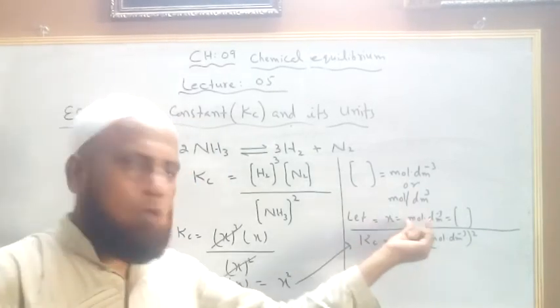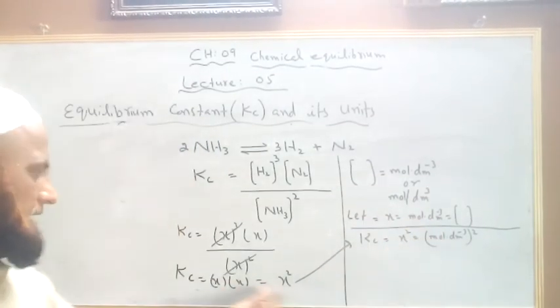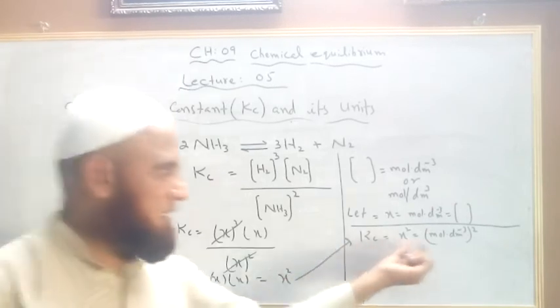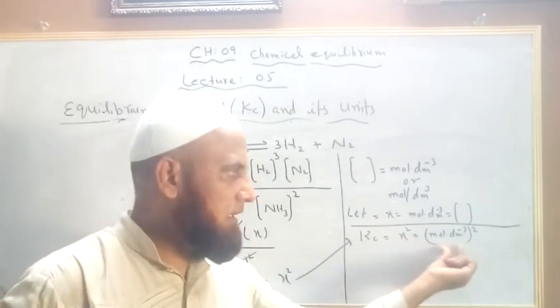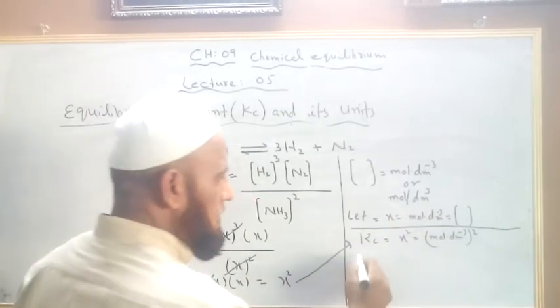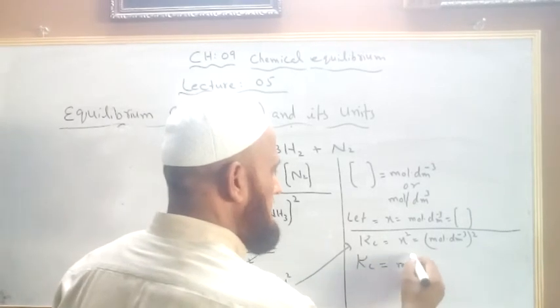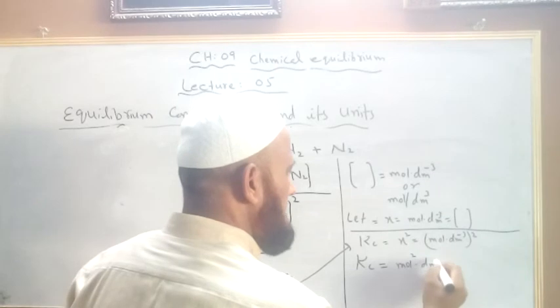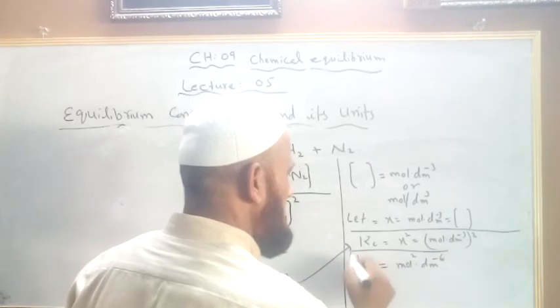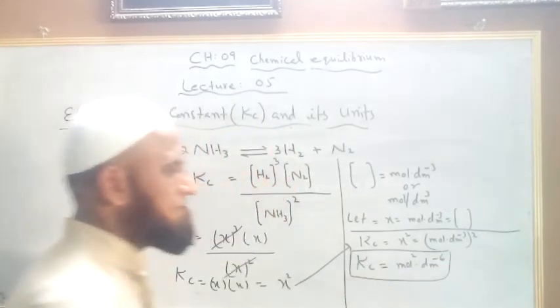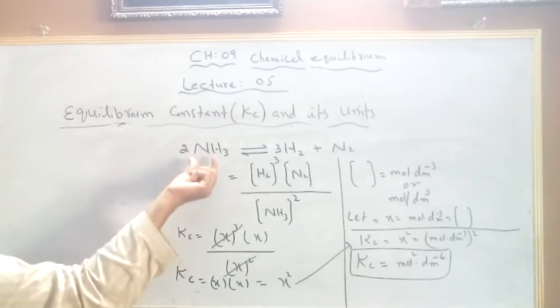Since x was mole per dm cube and we got the answer as x square, I can change x square to mole per dm cube whole square. Now the unit will be Kc is equal to mole square per dm cube 6. So this is the unit for the decomposition of ammonia.